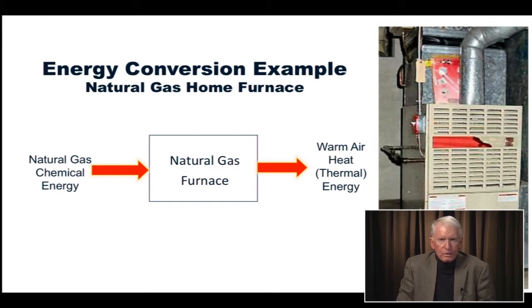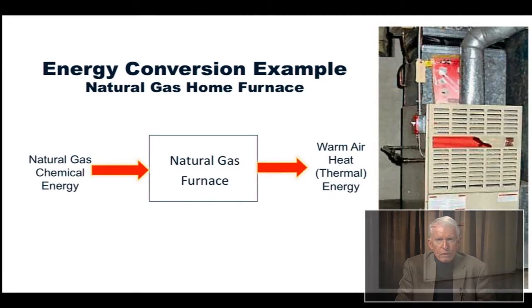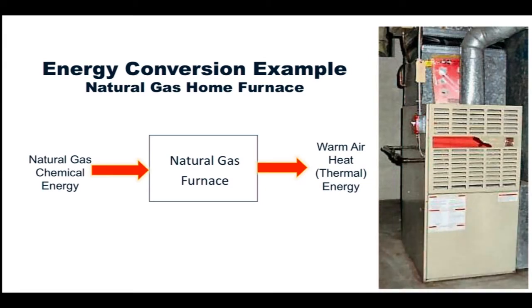But this one burns natural gas and releases the chemical energy into a flame, and that thermal energy is then transferred to the air that's circulated from the house and then blown with a fan back into the house. So warm air heat is added back to the air in the house from the energy that started off as chemical energy in the natural gas. So the gas furnace is a nice energy conversion device, converting chemical energy to thermal energy or heat.